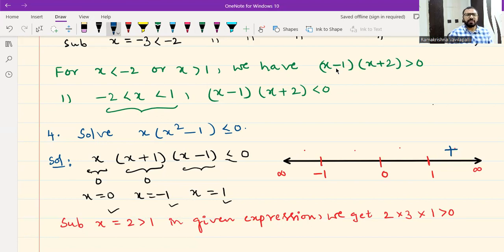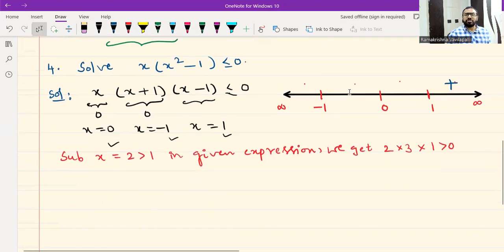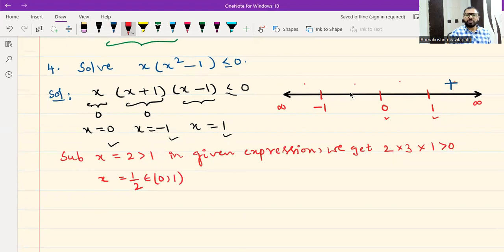Now, we have to substitute some number between 0 and 1. Let us take x equal to 1 by 2, which belongs to 0 to 1, which means that you have to substitute one number from each interval.